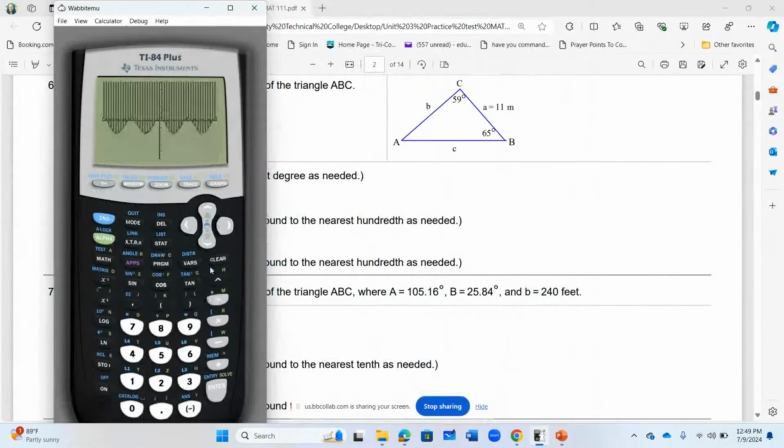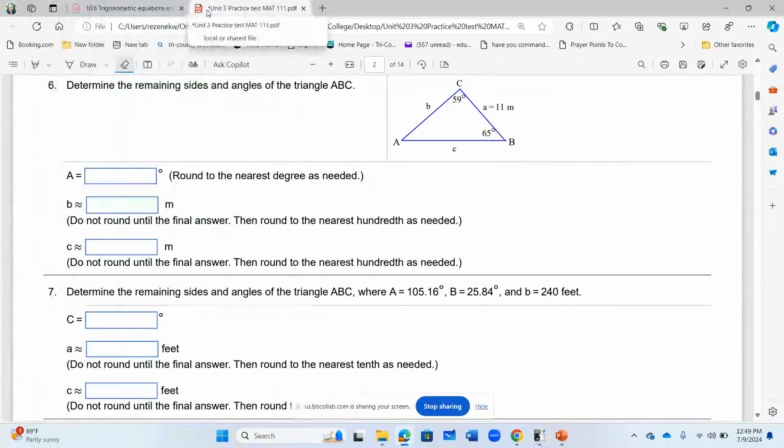Angle sum of a triangle is 180 minus 59, they are in degrees, minus 65. When I hit enter, I have 56. So the missing angle, which is angle A, is 56.